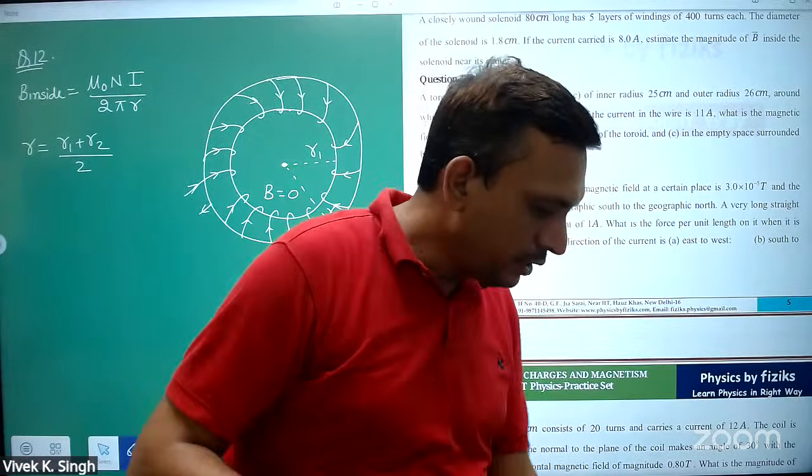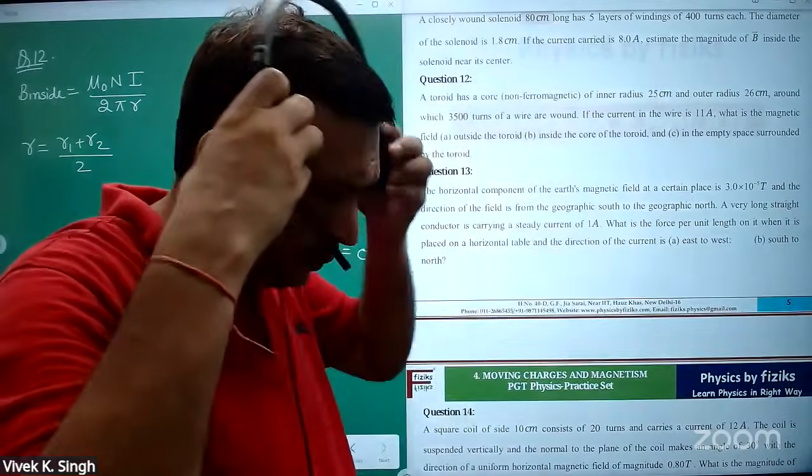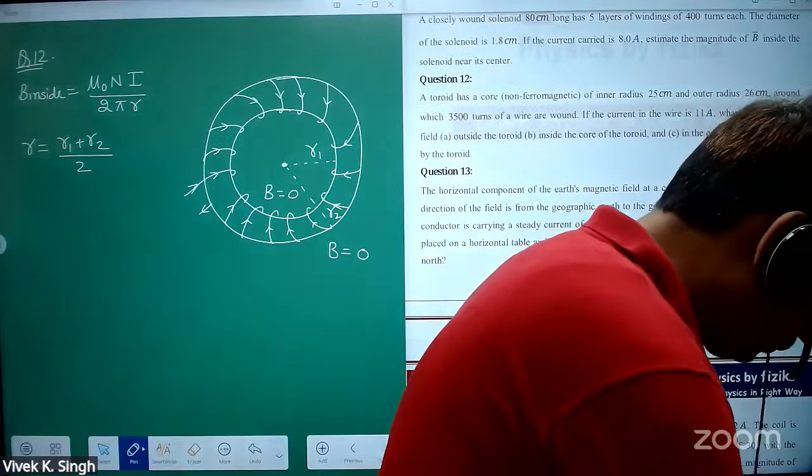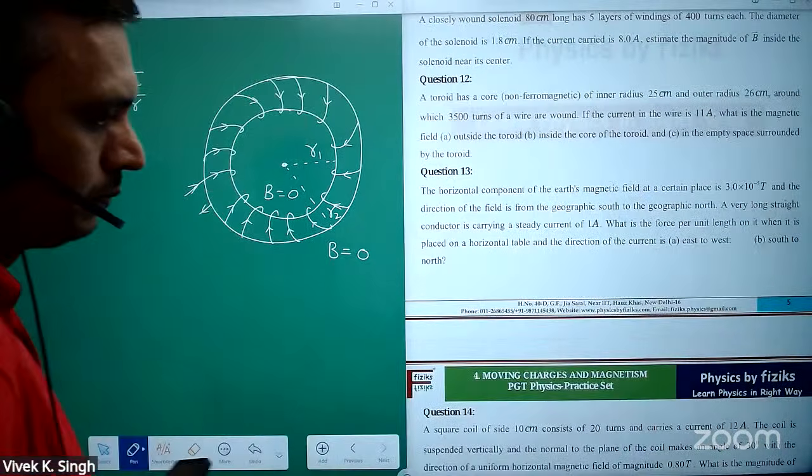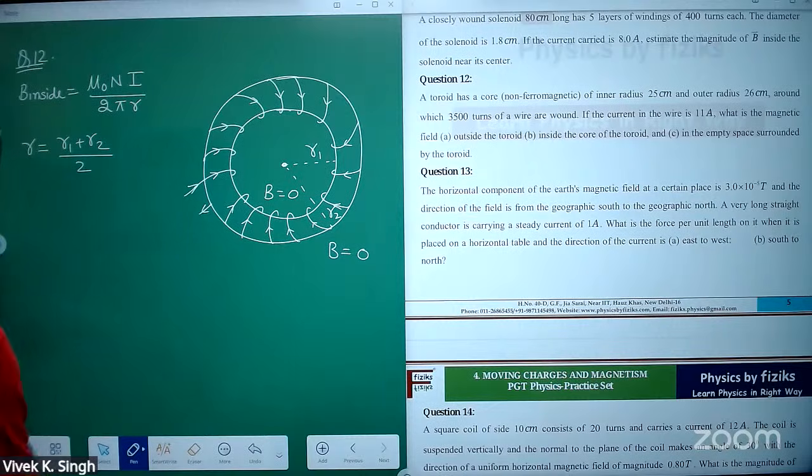Let's calculate this value. So what will be the average length that we have to find? Let's check this.